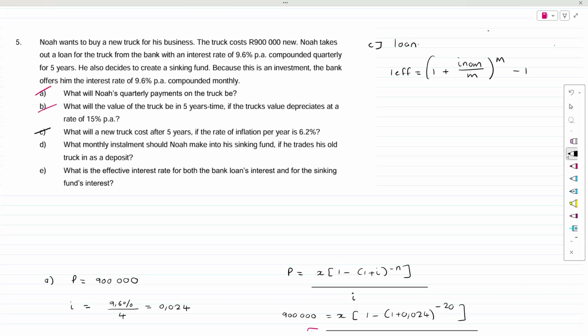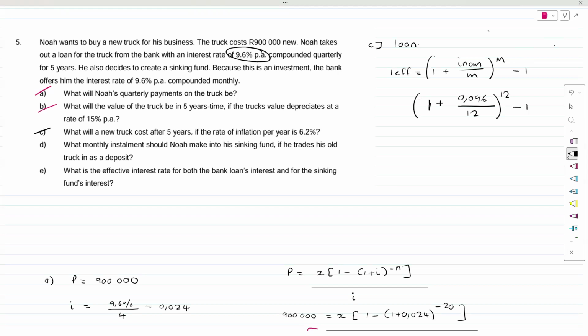Okay. Now, this one is easy because 1 plus the interest that they gave him for the loan was 0.096, if I'm not mistaken. Where was the loan? Here it is. And the m is the 12. The m stands for the monthly, quarterly, semi, all of those compounded numbers.